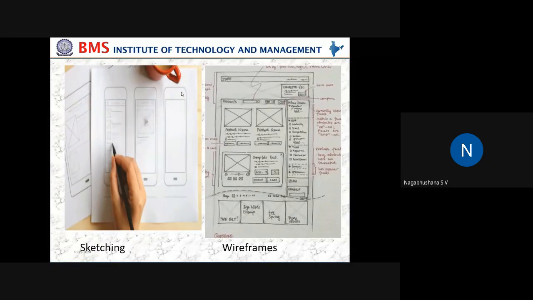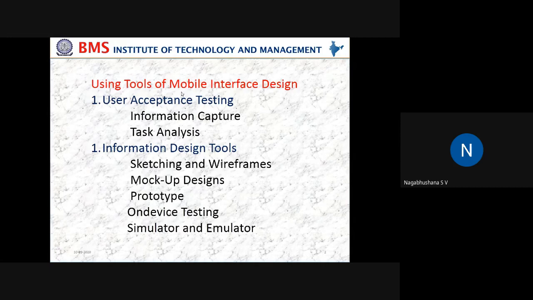Somebody likes yellow, somebody likes green, somebody likes pink, somebody likes the font in a specific type, the color in a specific type. Each user has a different perspective on what they see on the screen. So sketching and wireframing are the concept and the redefining of the concept. That is sketching and wireframes.